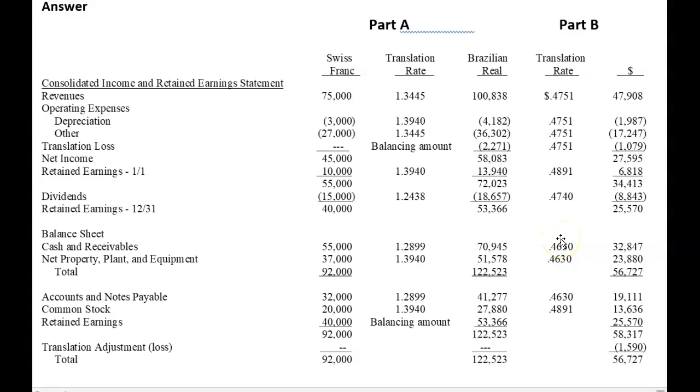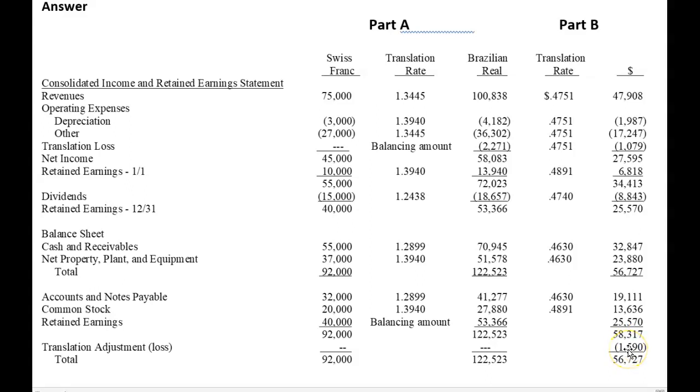We use our end of period rates for the assets on the balance sheet, the accounts and notes payable. For common stock, we use the historical beginning of the period rate. So when we do those computations, we have total assets of 56,727, total liabilities of 58,317.